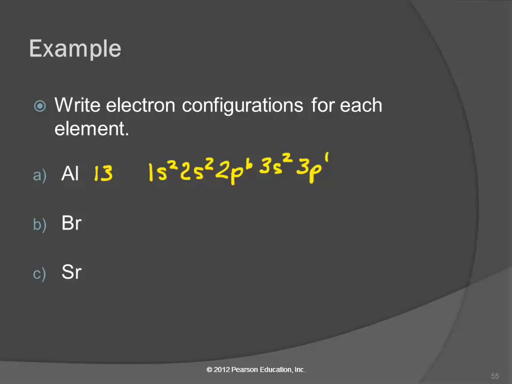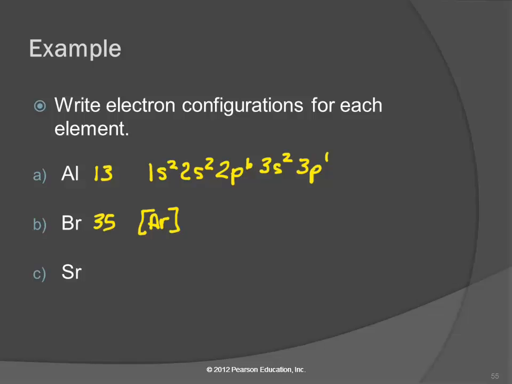Bromine. Bromine has how many electrons? 35. Let's use the noble gas shorthand for that one. What's the previous noble gas? Argon. So bromine has 35 electrons. So it's argon plus what?